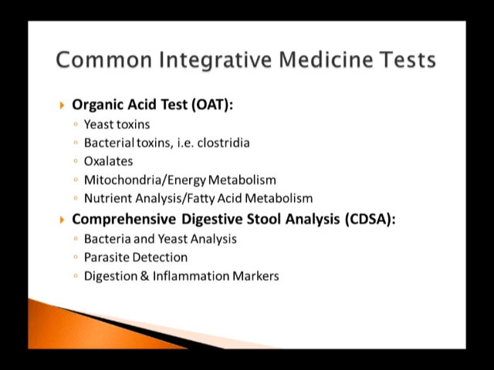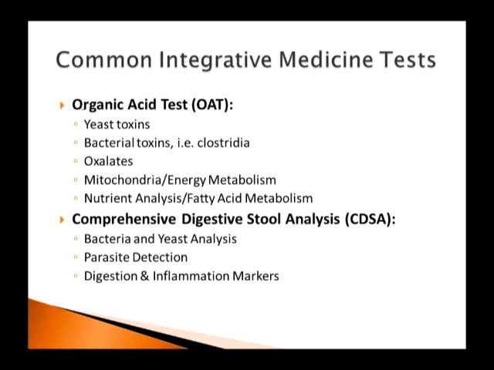And I often tell parents with kids on the autism spectrum, if you're trying to figure out which test to do, should I do the organic acid test or should I do a comprehensive digestive stool analysis, my general statement is do the OAT test first, because you're going to many times get more information that you can initiate treatment from.